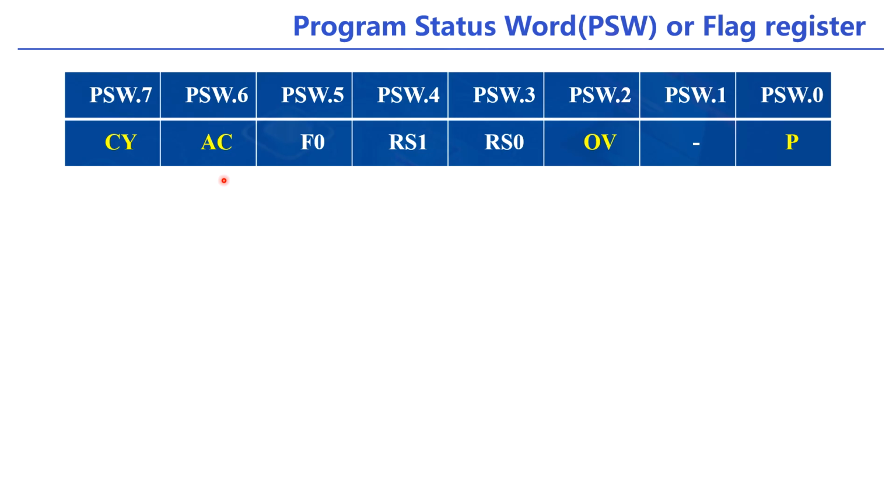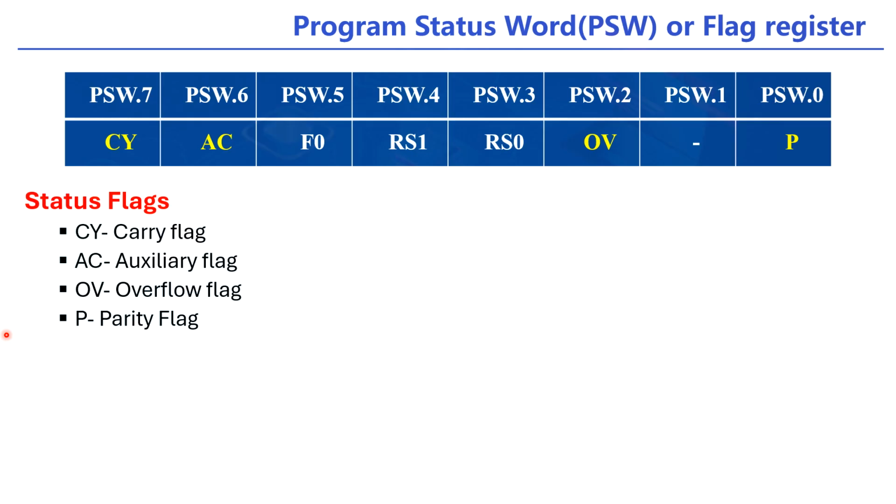We will see how to define this bit, how to set or reset it, and how to affect these bits. PSW.7 is the carry flag. So this is the flag register basically. We can decide which one is set or which one is reset.